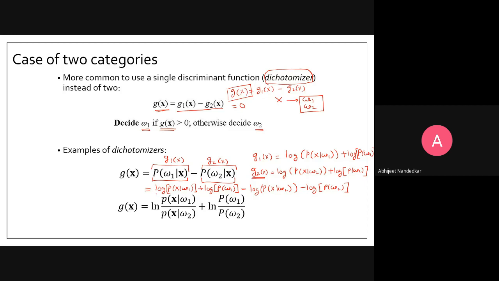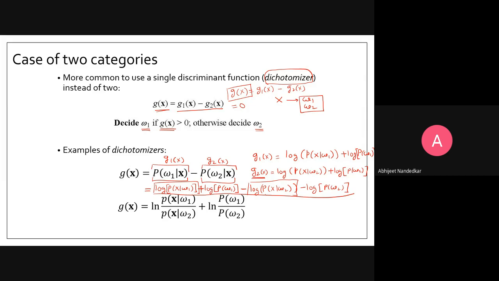So you can rearrange these four terms, because this thing is a likelihood and this is a likelihood, and the remaining two terms are priors.